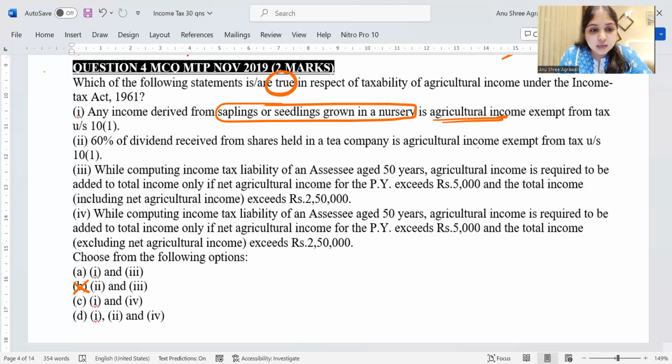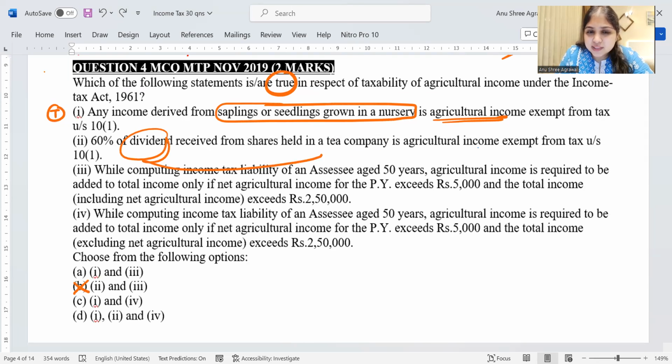Now coming to the second subdivision. So this is a true statement. 60% of dividend received from shares held in a tea company is agricultural income exempt from tax under section 10(1). Is it right? See, there's a tea company. This tea company has agricultural income.